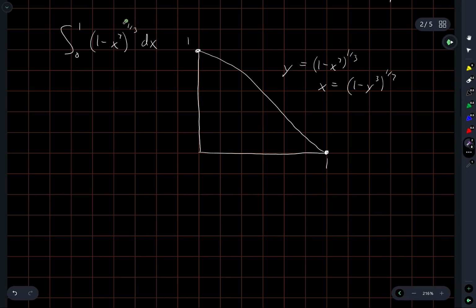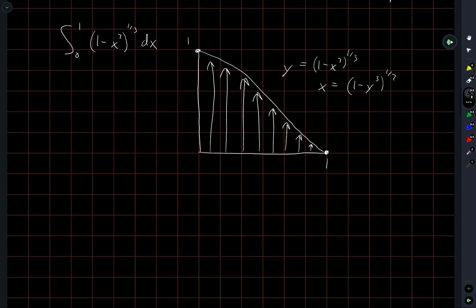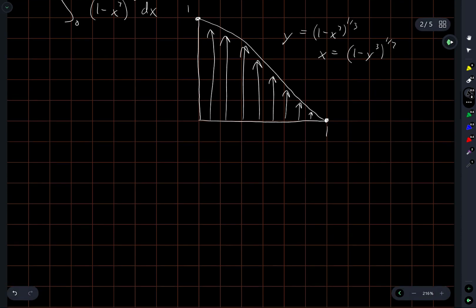Now, if I think about what this integral means, I'm integrating like this, right? I'm computing the area by computing heights of infinitely thin rectangles. But I can just as equally compute that area by using horizontal rectangles.